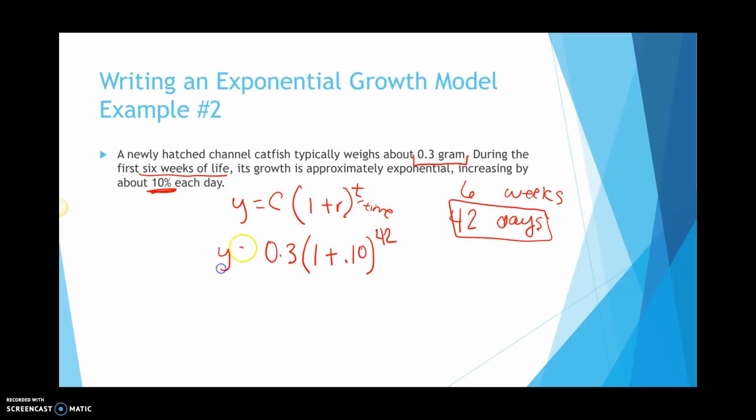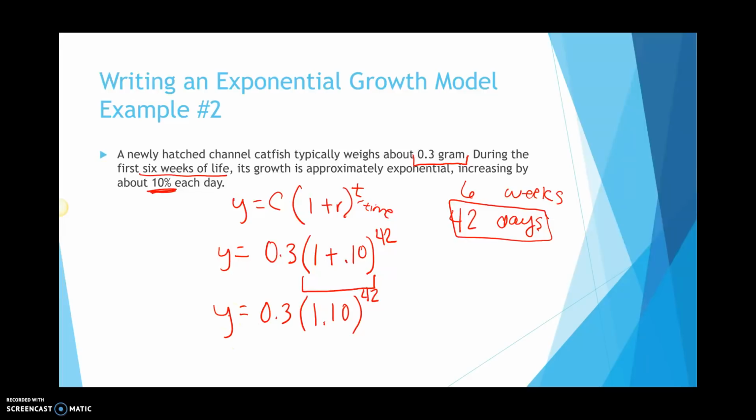Now I simplify this down and solve this. I'm going to take care of what's in the parentheses first. 1 plus 0.10 is going to be 1.10. Raised to the 42nd power, and then we take that and multiply it by 0.3.